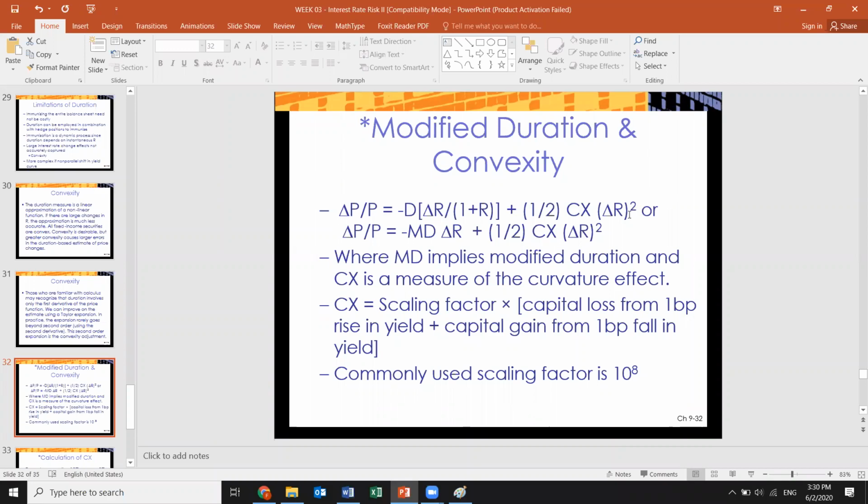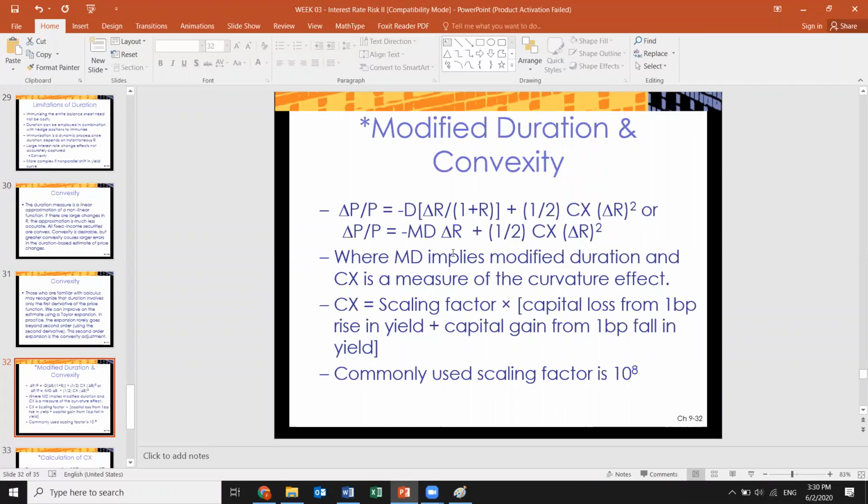Or if you rearrange it: modified duration times change in R plus 1/2 convexity times change in R squared. Where MD is modified duration, Cx is the measure of curvature effect.